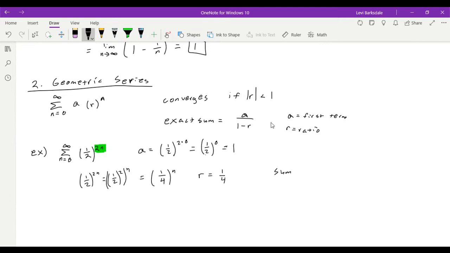Then we can find our sum by using our geometric series formula: a, which is 1, over 1 minus our ratio 1 fourth. That gives us 1 over 3 fourths, so our sum is 4 thirds.